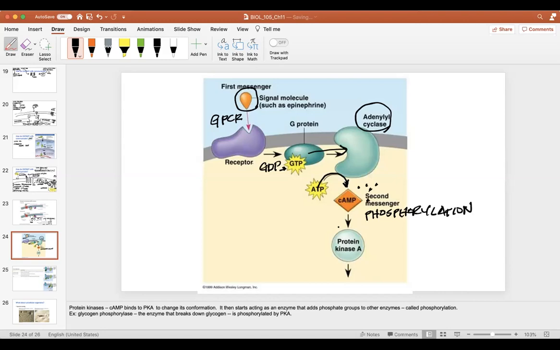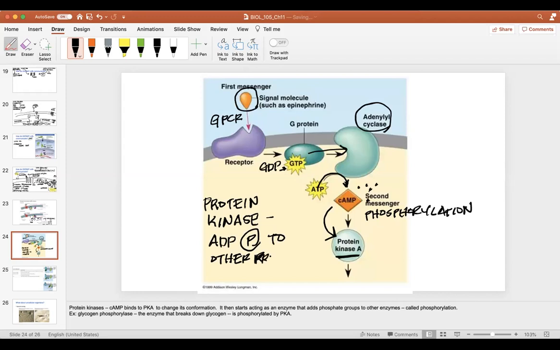So what cyclic AMP does is it binds to another molecule called protein kinase A. Protein kinases are molecules that add phosphates to other proteins. I'm just going to put add P to other proteins.